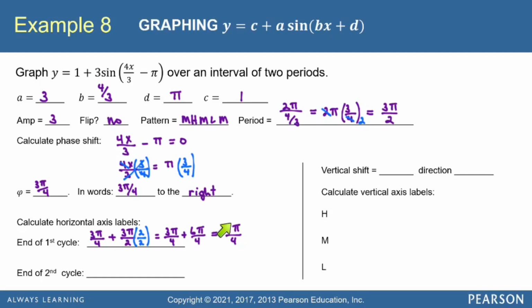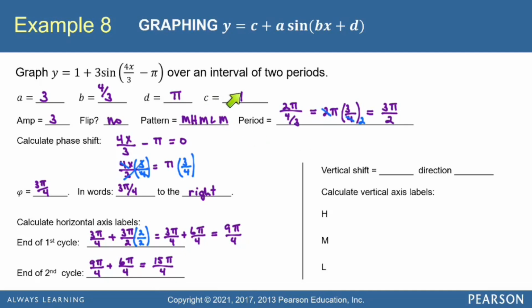So that's the label that goes at the end of the first period. And then for the second period, we start at 9 pi over 4. We add a period to that, which we know with the common denominator will be 6 pi over 4. And together those two make 15 pi over 4, so that's the label for the end of the second period.